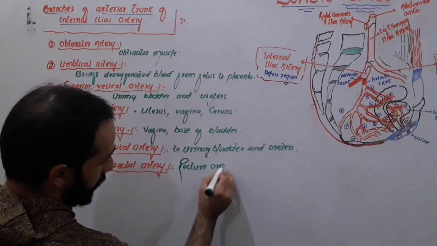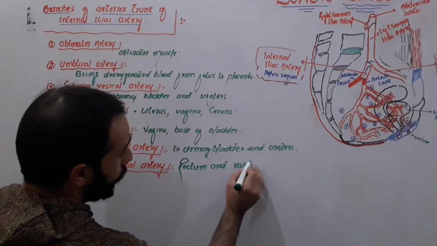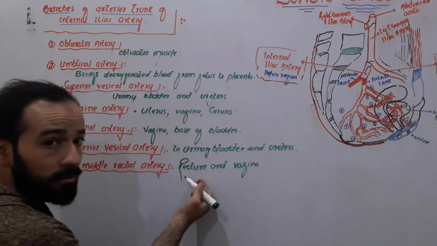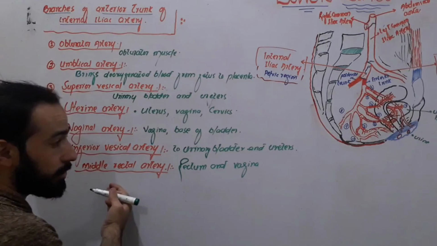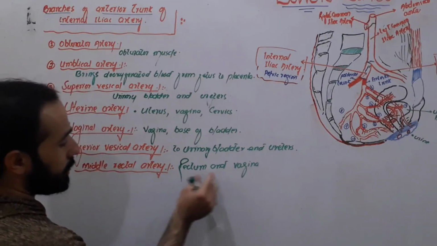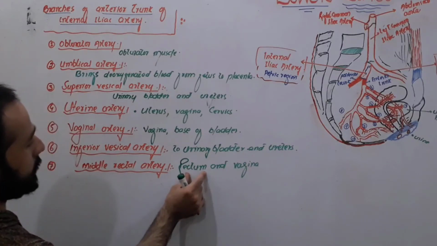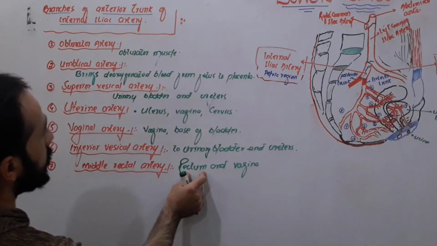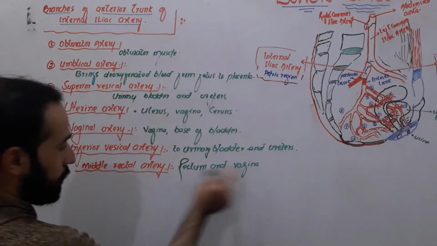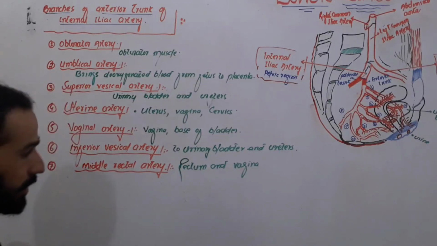Not all of the vagina is supplied by this one, and not all of the rectum is supplied by this middle rectal artery, but some parts of the vagina and some parts of the rectum. As you can see, the rectum is also supplied here by another artery, right? So we will see next, rectum and vagina, middle rectal artery.